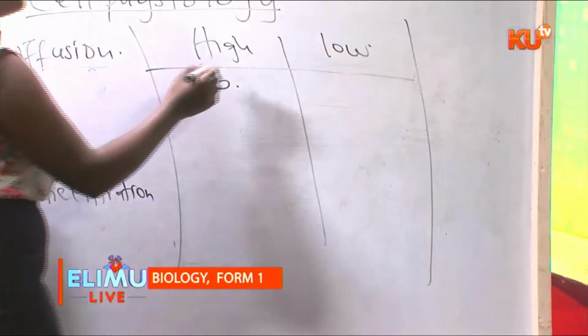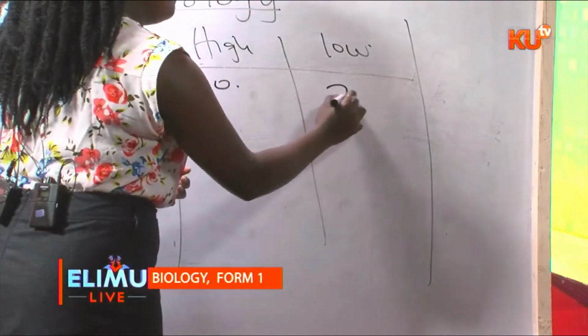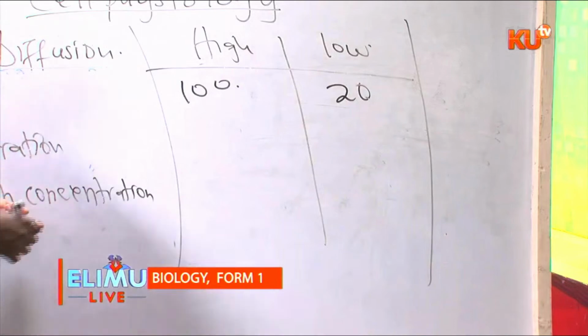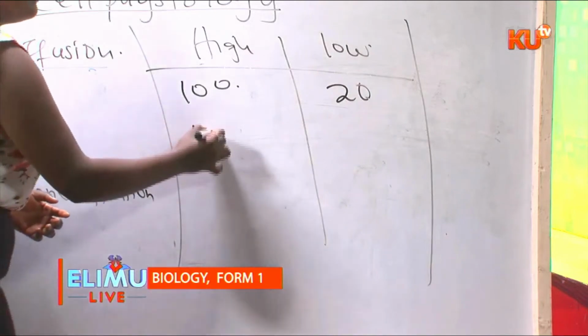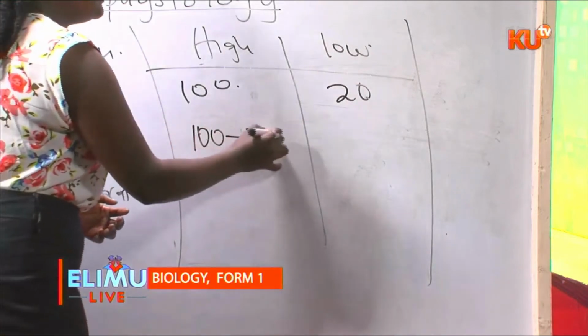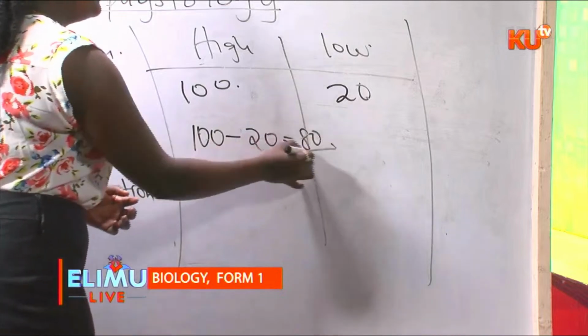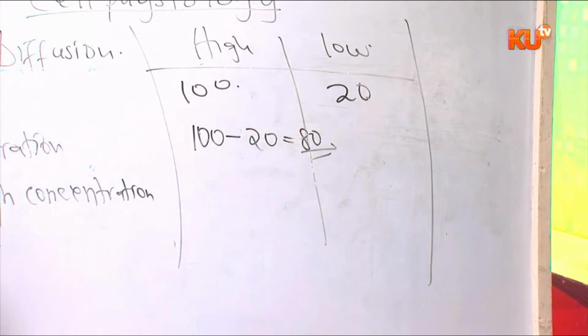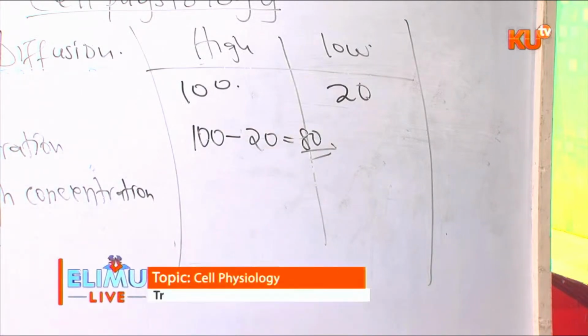So let's say the ones that spread were 20. So diffusion gradient is simply 100 minus 20. That is 80. This is what we are calling diffusion gradient. It is the difference in the particle concentration. The high region minus the low region, you'll get that difference.